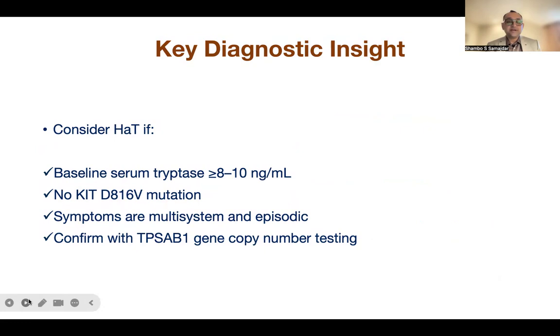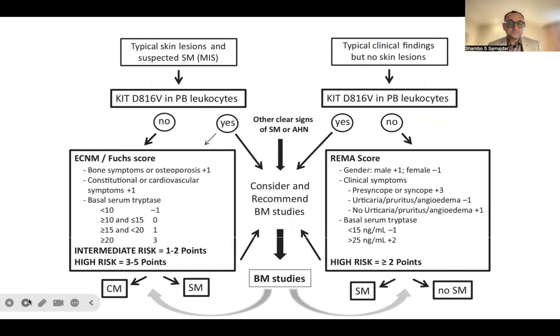So, what are the key diagnostic insights? The baseline serum tryptase level is more than 8 or 10 nanogram per ml. No KIT D816V mutation here. The symptoms are multisystem and episodic, and we need to confirm it with TPSAB1 gene copy number testing.